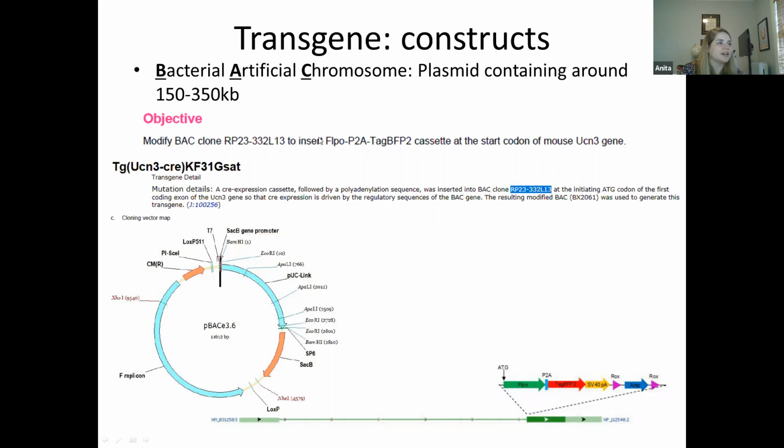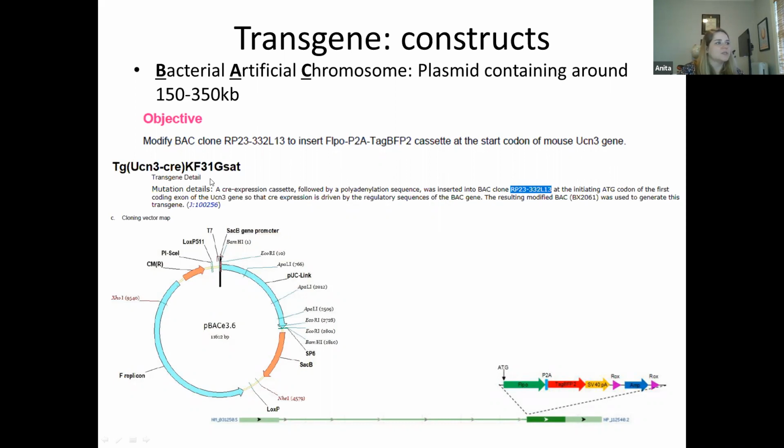Our objective was this: we had a urocortin-3 Cre mouse, but we wanted to make a urocortin mouse where we could express FLPo. The idea was to take the BAC that contained the urocortin promoter regions and insert FLPo with a cleavage site and a BFP tag into the urocortin-3 gene.